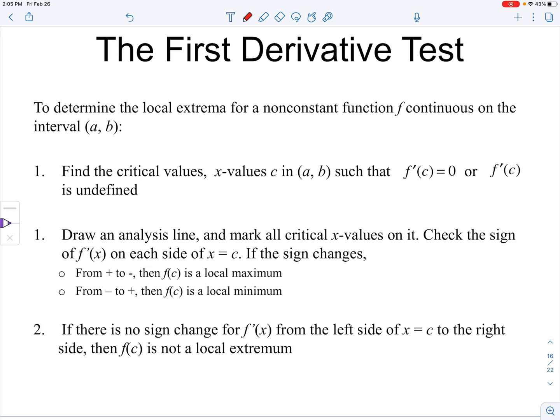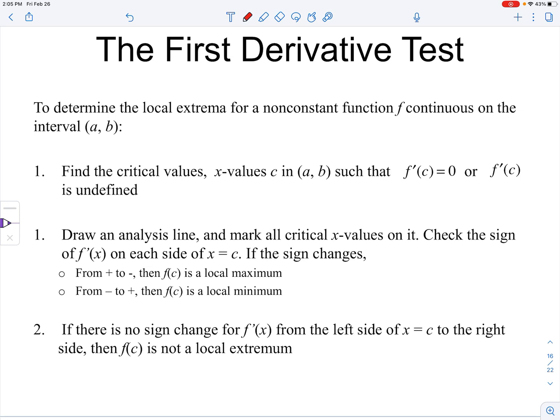We were basically already doing the first derivative test in those first few examples, but we were just not identifying the local extrema. So to determine local extrema for a non-constant function f, continuous on the interval from a to b, you want to find the critical values by finding where the derivative is equal to 0 or where the derivative is undefined, where it doesn't exist.